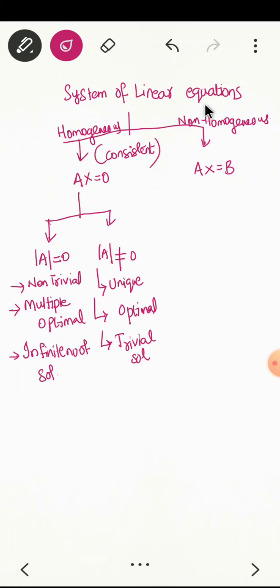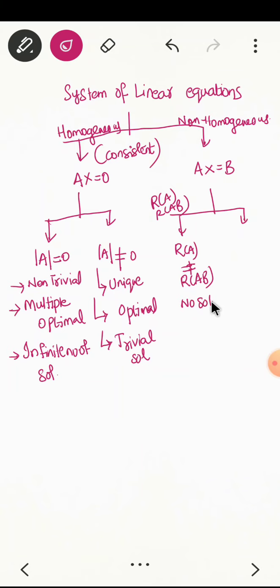Then Ax equal to B, there will be two cases. For Ax equal to B, what you have to do, you have to first find rank of A and rank of AB. After finding these two things, if rank of A is not equal to rank of AB, then there itself you should stop, and that won't have any solution, there will be no solution.